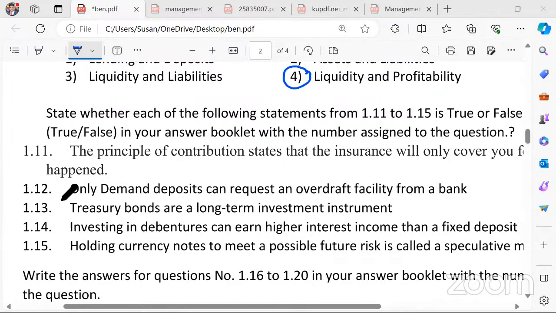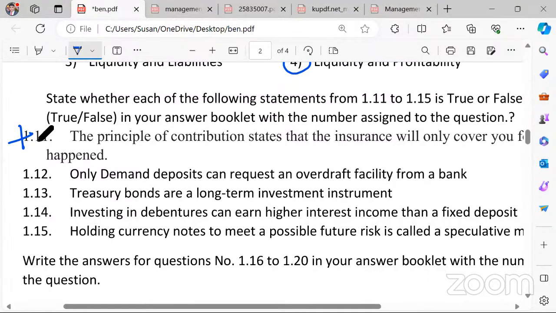That is known as indemnity, no? Contribution means that when one insurance is covered by a few insurance companies, they are liable to pay only their contribution. Indemnity is the other principle, so this is wrong.